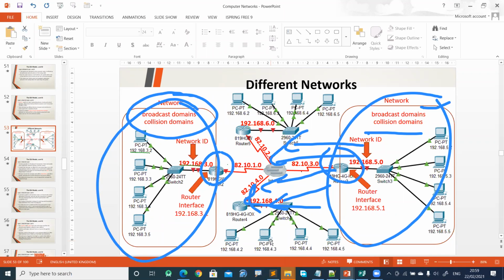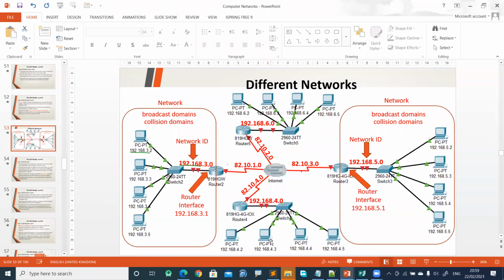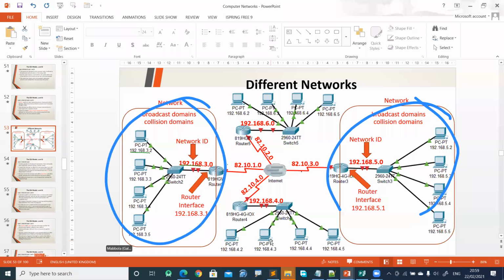There's too much noise, and everyone, this one is talking, this one too. That is a collision domain. Now think of it, if the whole planet Earth was like that, with noise everywhere, it would have been bad. So the noise in the market stays there, it doesn't go out.